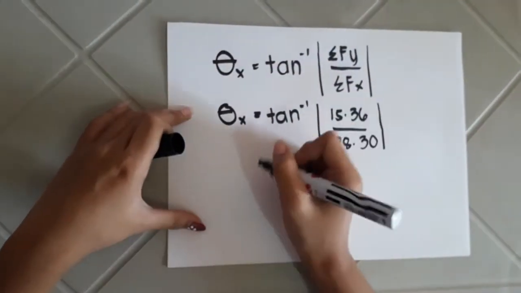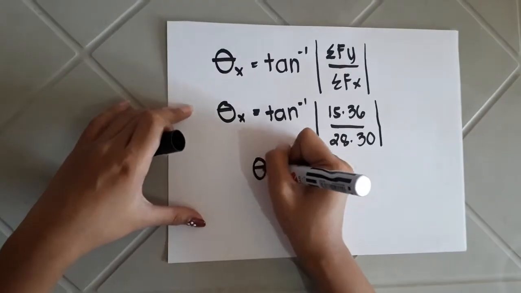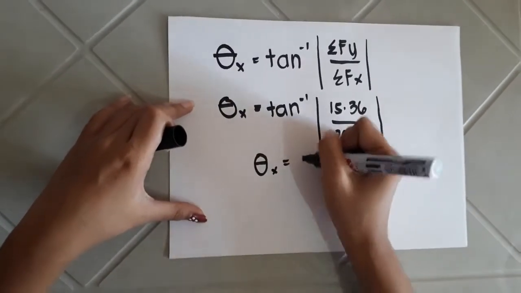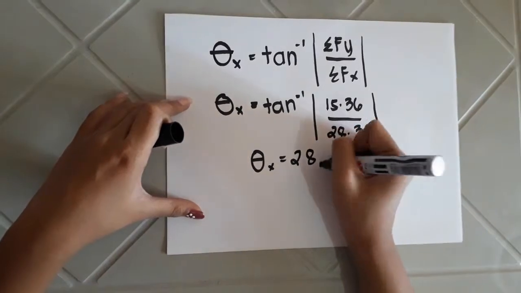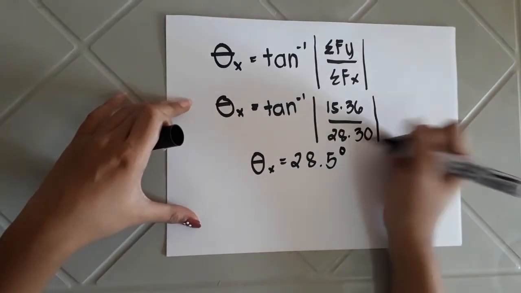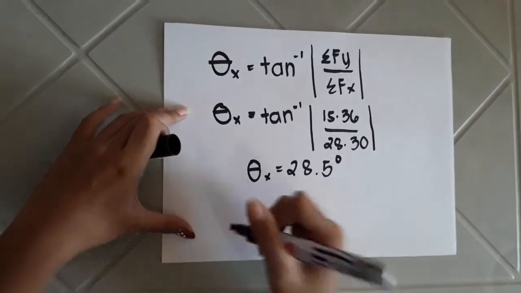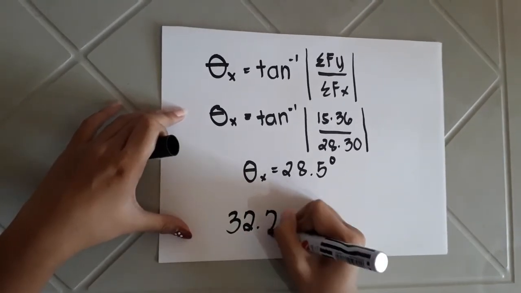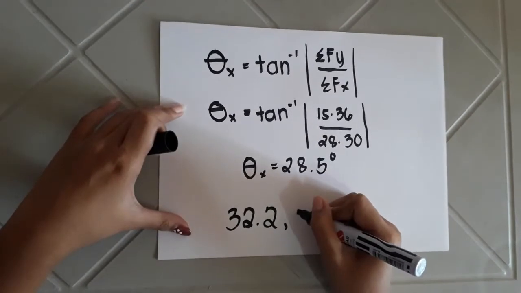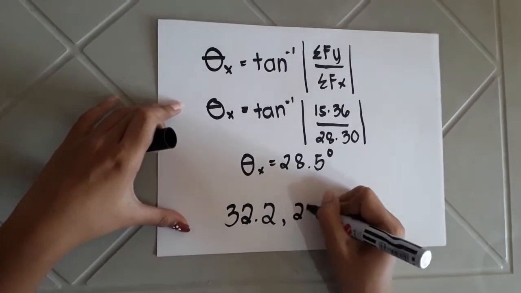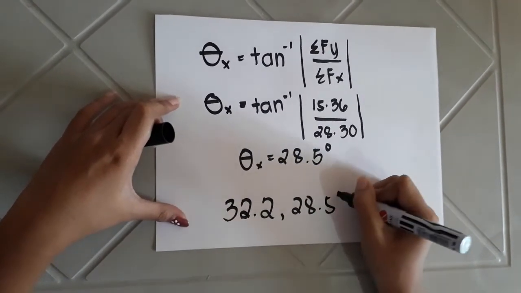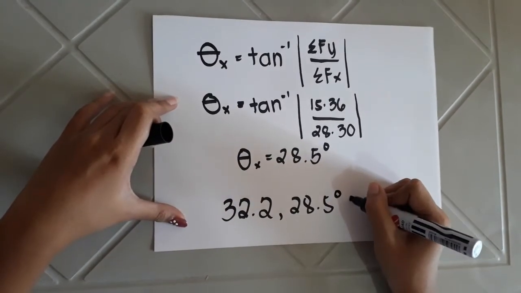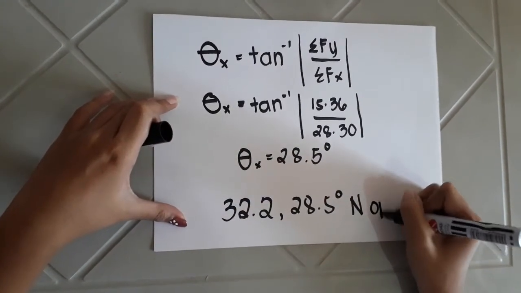So the answer is angle is equal to 28.5 degrees. So the final answer is equal to 32.2 at an angle of 28.5 degree to the north of east.